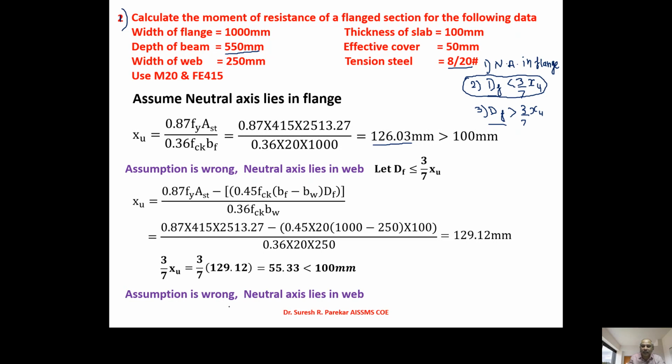Neutral axis lies in web, but we have df greater than 3/7 xu, and then we have to use here yf equal to 0.15 xu plus 0.65 df, and in this equivalent depth my stress is 0.45 fck.